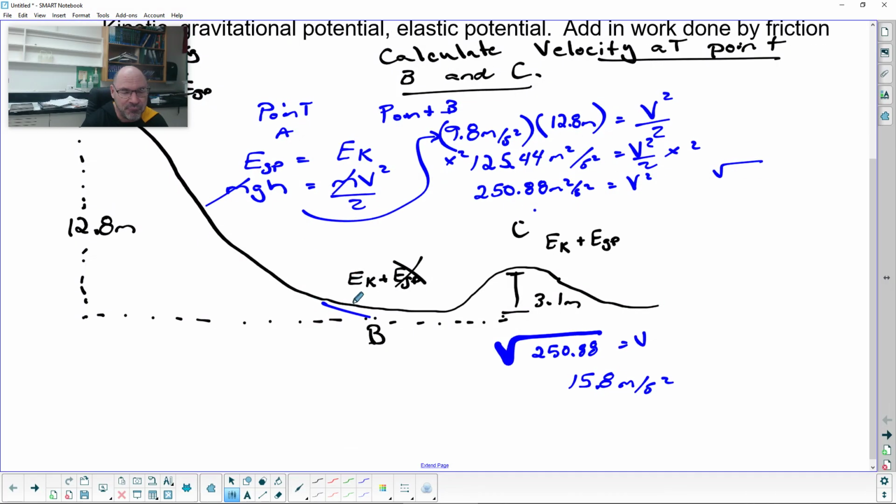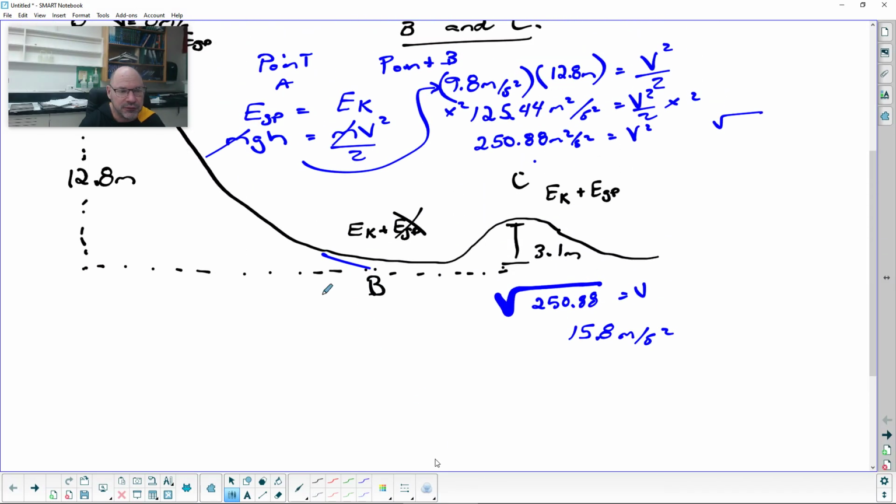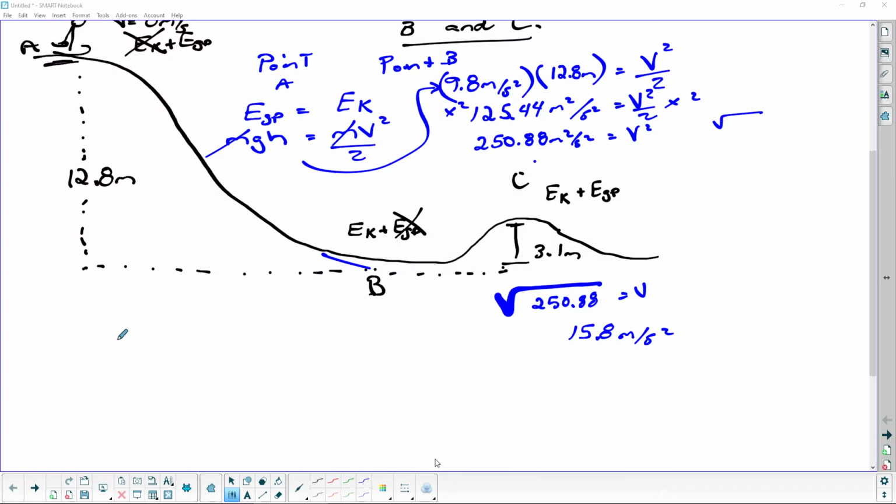So we're going to take point C, which I'll do in a different color here. Let's move my brains out of there for a second. If we're going to sum point A, we still have just the gravitational energy at point A. But at point C, I've got 2.